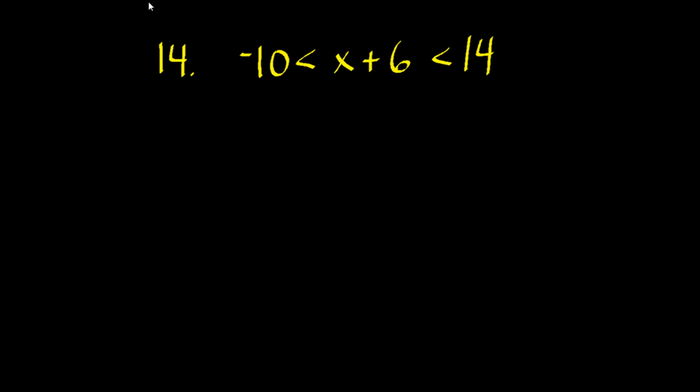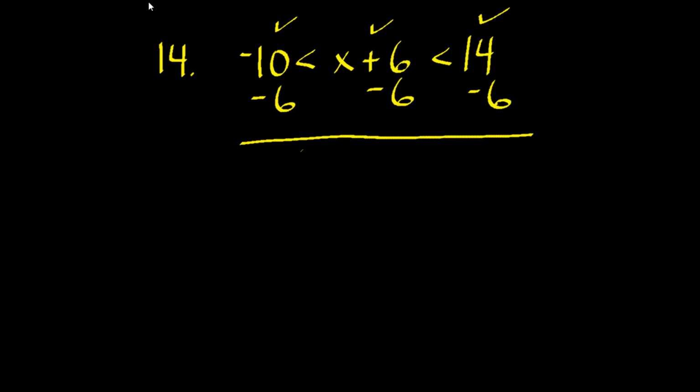We can actually solve this compound inequality thinking of it as having a left side, a middle, and a right side. Anything that we do to any of these three sides, we must do the same thing to all three sides. In order to isolate x, we need to subtract 6. Therefore, we will subtract 6 from all three sides.